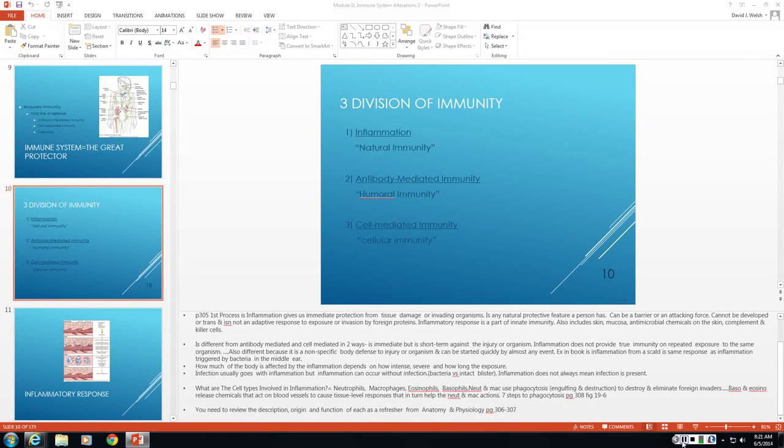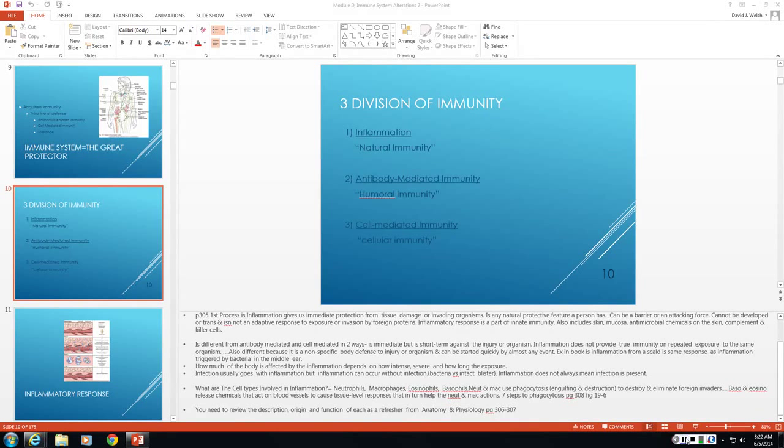So, an example would be a burn. The inflammation response to a burn would be the same as, say, having a bacterial infection in the middle ear.